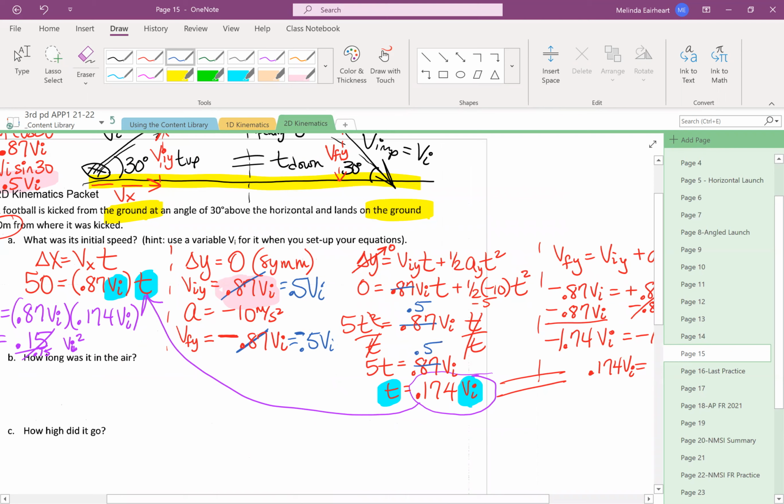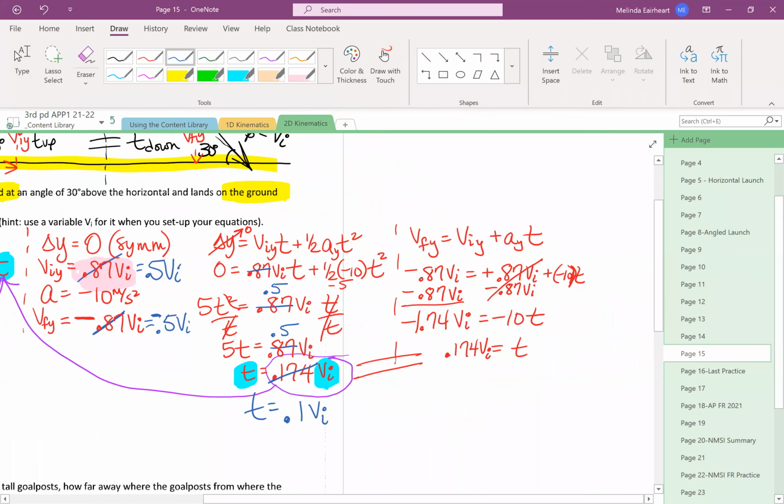Now, what's 0.5 divided by 5? 0.1. To sum my 0.5 and 0.5, it would be negative 1.0 divided by 10, which would be 0.1. So we still get equivalence.